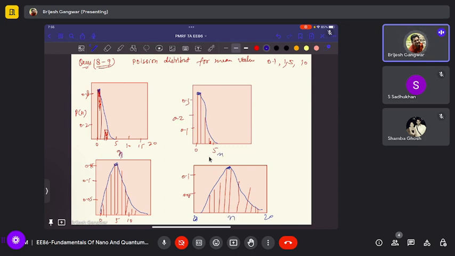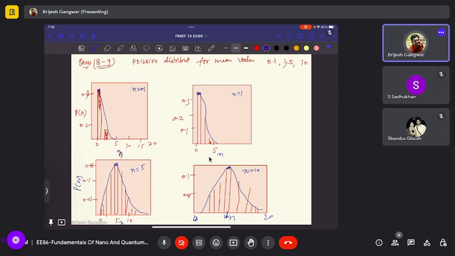At this axis there is n, at this axis there is probability. So this is for n equal to 0.1, this is n equal to 1, and here n equal to 5, this is n equal to 10. So this is the value of 10, occurs at the n bar, I think. Yes.